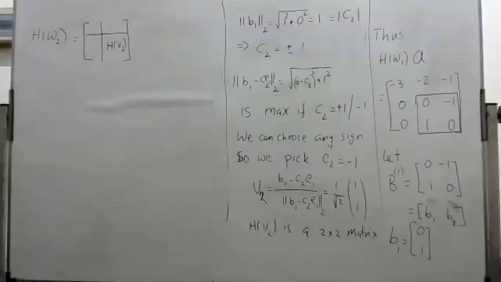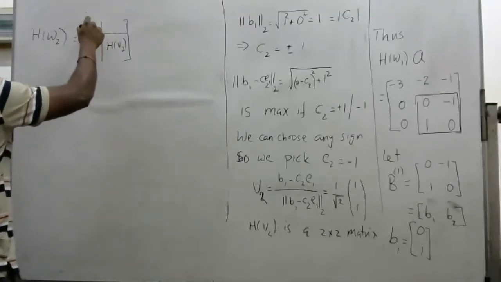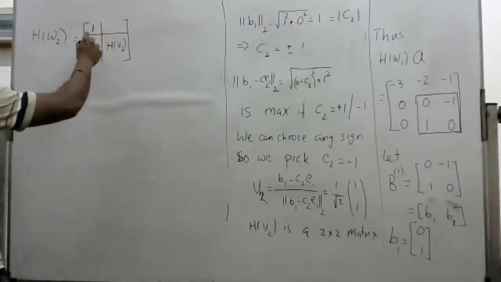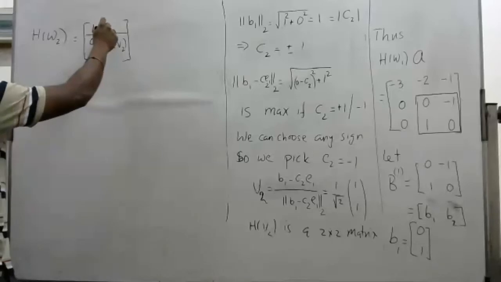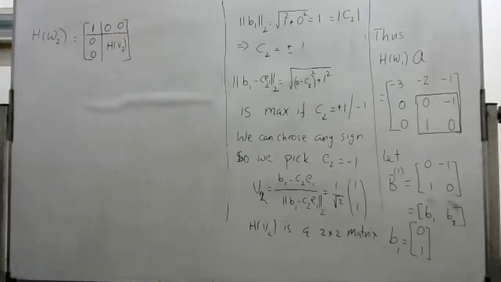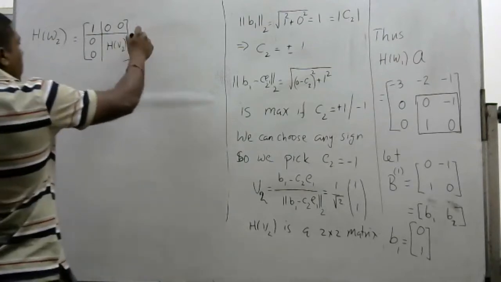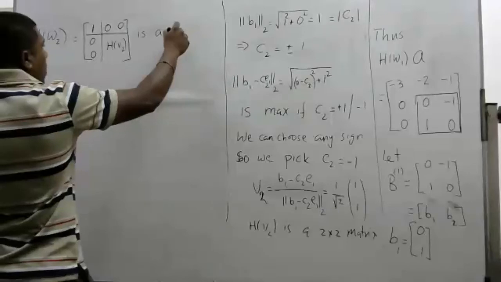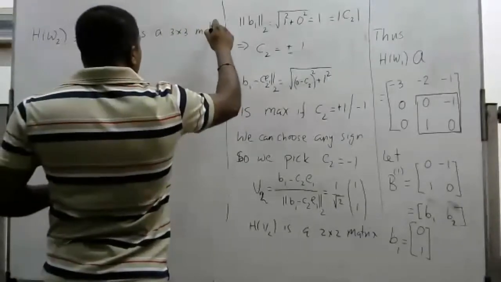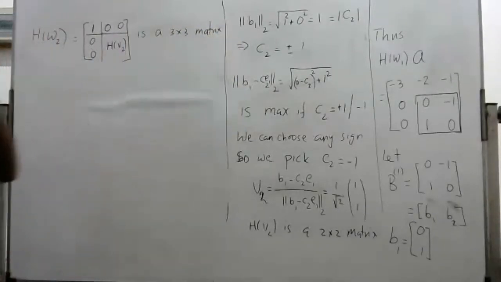So you have to make it a 3 cross 3 matrix. So you have to put one extra 1 here. And then you put 0, 0, 0, 0 here. Right? So if you choose H omega 2 like this, then clearly it's a 3 cross 3 matrix.